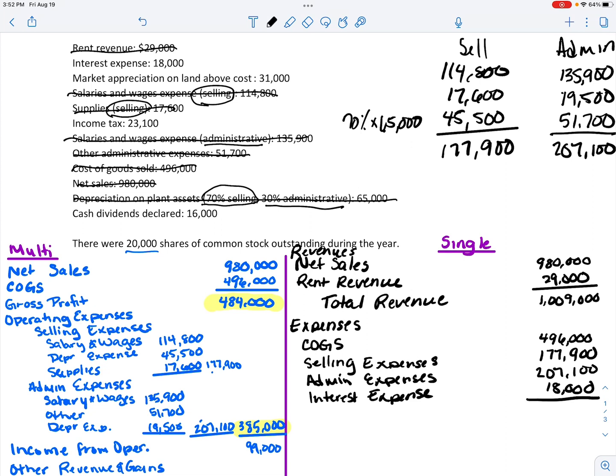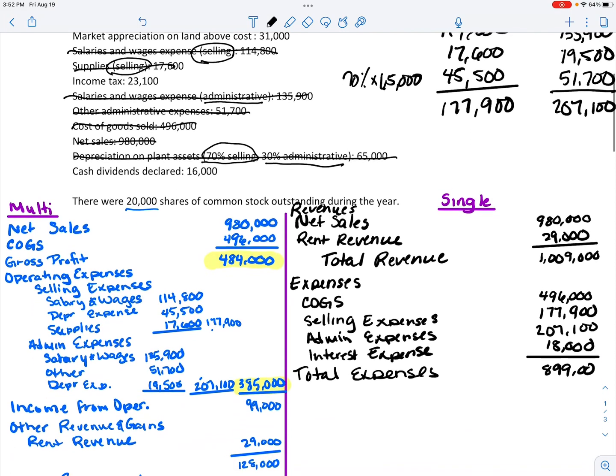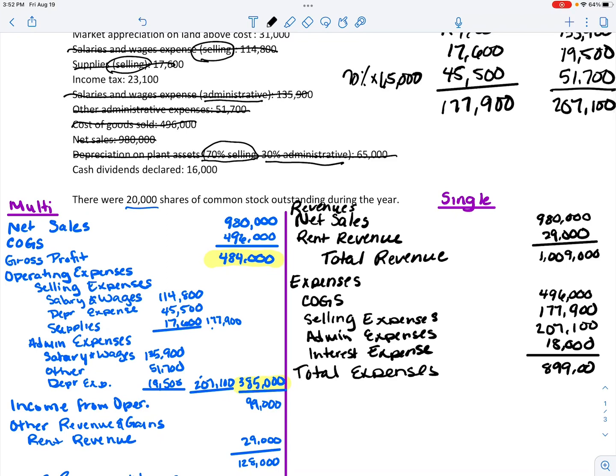And if I subtract all of those, first let me add them up, give me my total expenses, which is $899. I take my revenues minus my expenses to give me my income before taxes.